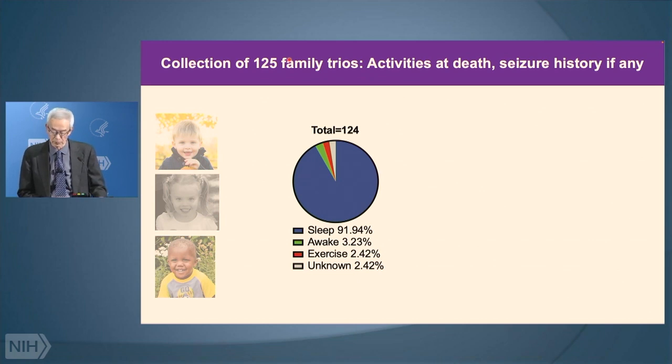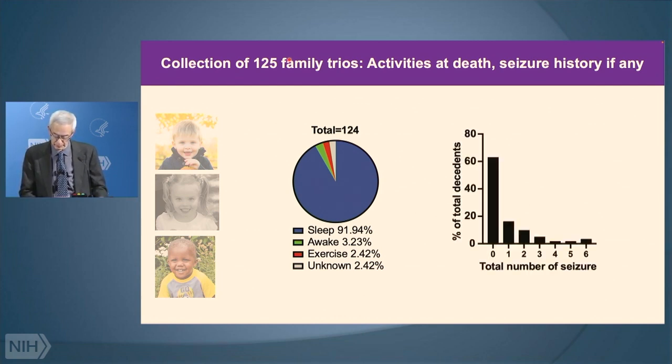And so that's called traditional analysis of trios, mom, dad, and son or daughter. And the exomes, the coding exons of the individuals, are compared. And so this is the collection, and almost all the kids died in their sleep, and very few while awake.